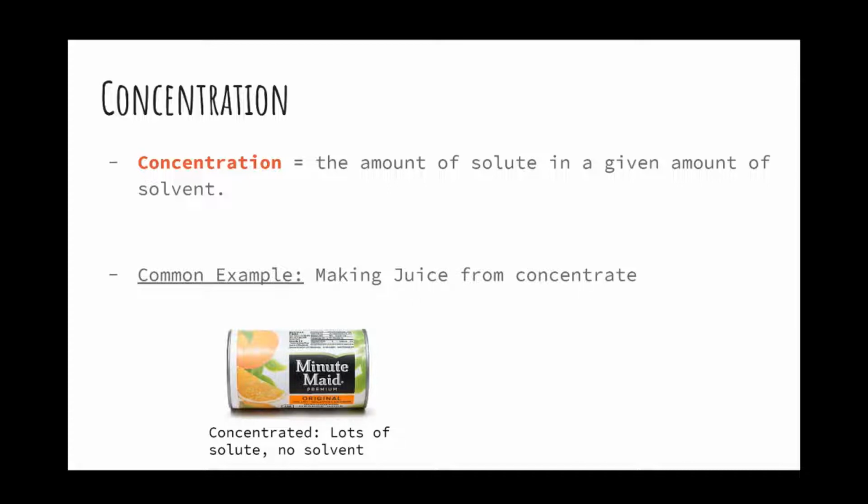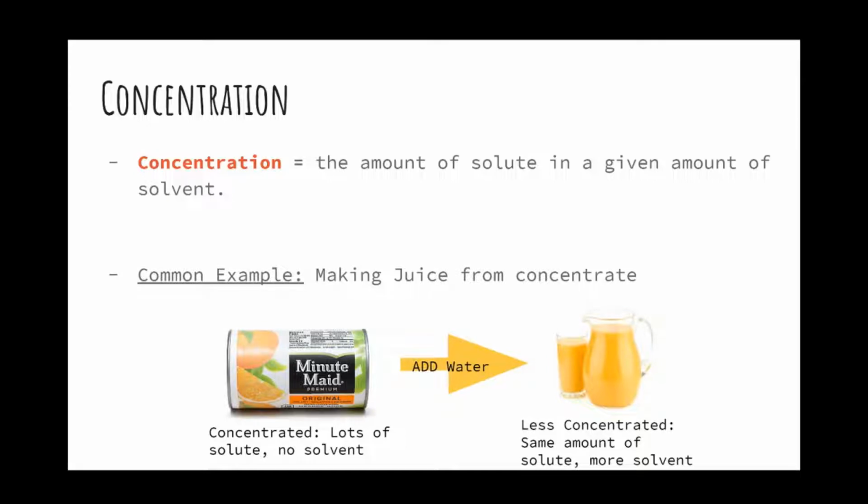What you need to do is add more solvent, or add water. And what you would end up getting is a less concentrated orange juice. Notice that when we are creating that orange juice, the amount of solute is the same, but we have added more solvent.